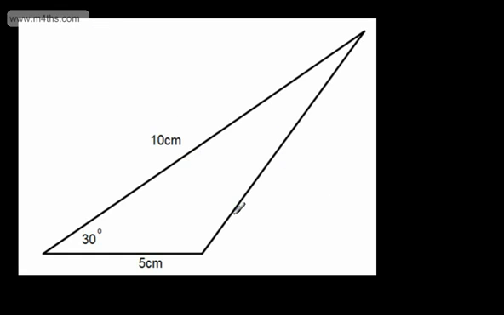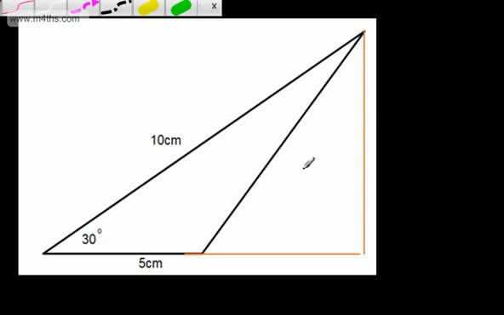So let's look at an example. We want to find the area of this triangle. The dimensions are similar to what we looked at before, but what we don't have is a perpendicular height. So let's go ahead and get one. What I'm going to do here is just extend the base. Here's the base. I'm now going to drop a perpendicular down from this point right here. So what we've got then is the perpendicular, and I've created a larger right angle triangle.